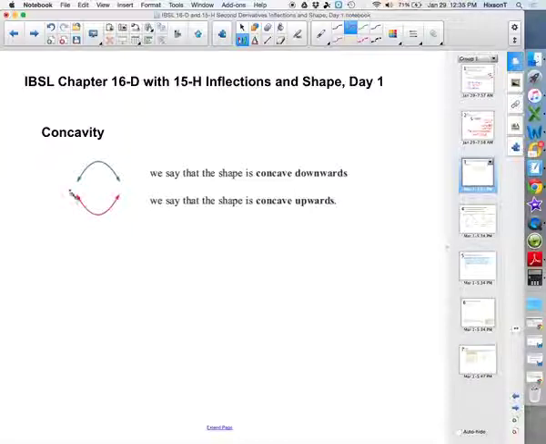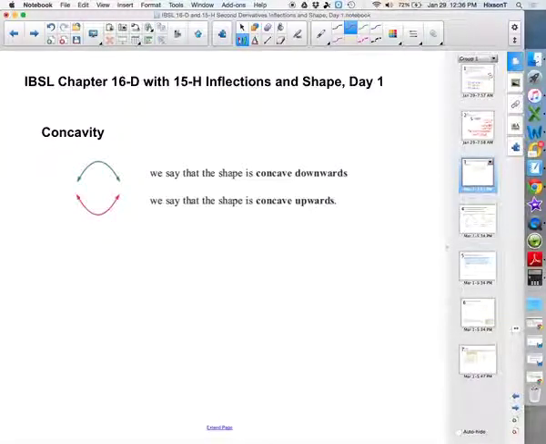Here, even though we're going downhill, here we're going downhill fast, but here we're still going downhill, but not quite as fast. So we're actually speeding up from a velocity standpoint. We're getting towards the positive. Okay? And that's one thing that's going to be important to recognize when we're thinking about concavity.